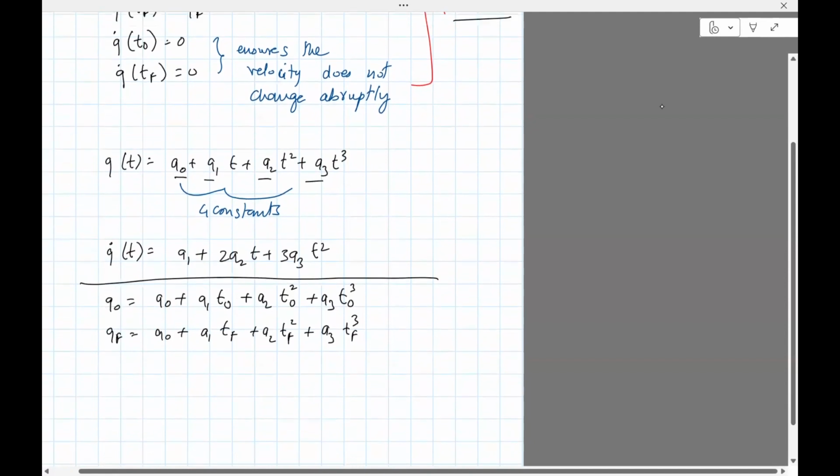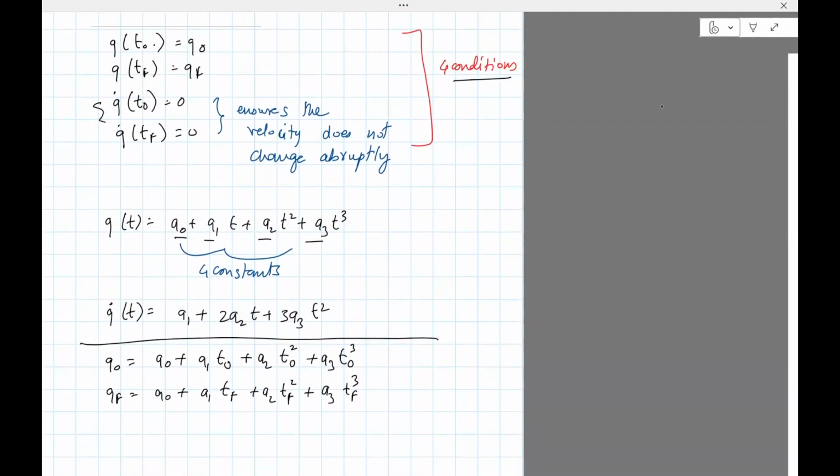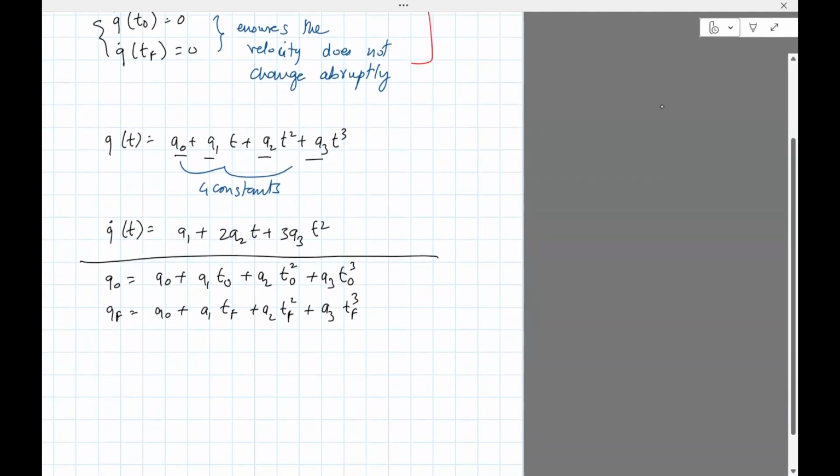But we're not done yet. We also have these 2 conditions, so now we need to look at the derivative. q dot at time t0 is 0, which equals, sorry, my bad, I should take the second expression: a1 plus 2a2 t0 plus 3a3 t0 square.